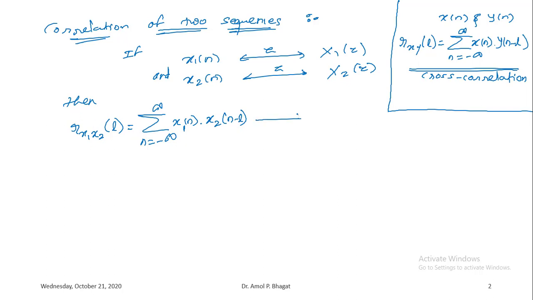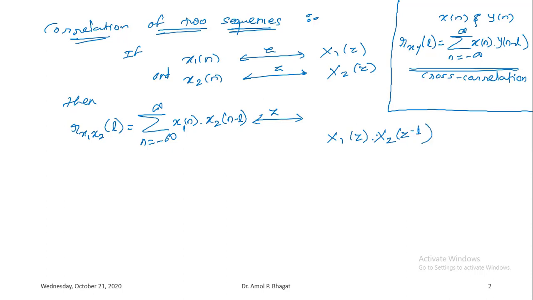Okay, so in Z domain, this cross correlation will be simply the multiplication of X1 of Z multiplied by X2 of Z inverse.